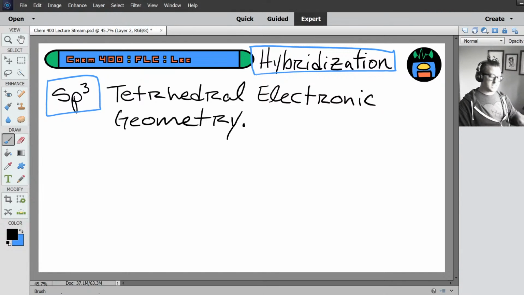All right, so sp3 hybridization is the hybridization that every atom with a tetrahedral electronic geometry has. And we saw what happened.